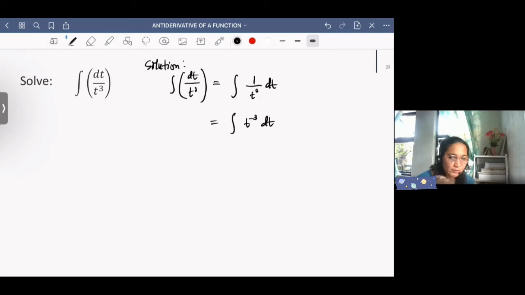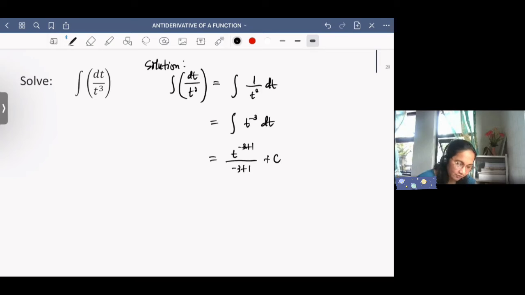And after which, we will apply the power rule for integration. So this will be the integral of t raised to negative 3 dt. That's t raised to negative 3 plus 1 divided by negative 3 plus 1 plus c.